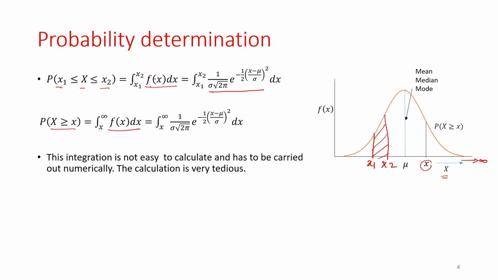That's why the limit is up to infinity. And if f(x) is replaced by this actual function and then we do the integration, that basically means, if I look at the same thing on the normal distribution curve, I am interested to know this area.